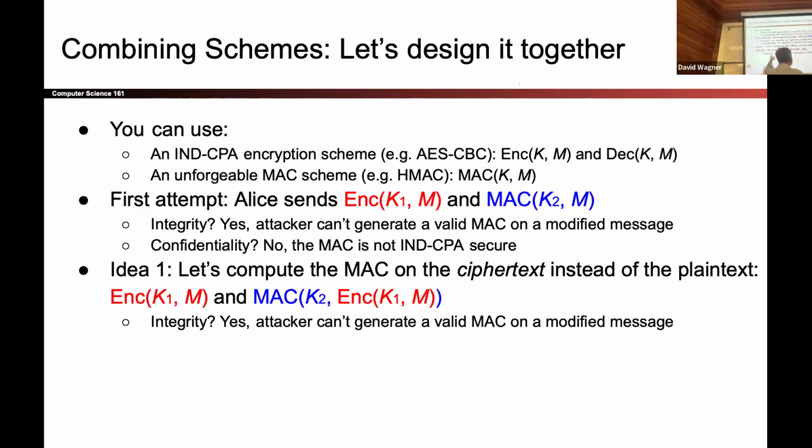Could the first part of what's sent leak anything about the message M? No, why not? Because we assumed the encryption scheme is secure, so it randomizes the inputs and protects confidentiality. Could this second part, the MAC tag, leak anything about the message M? No, why not?